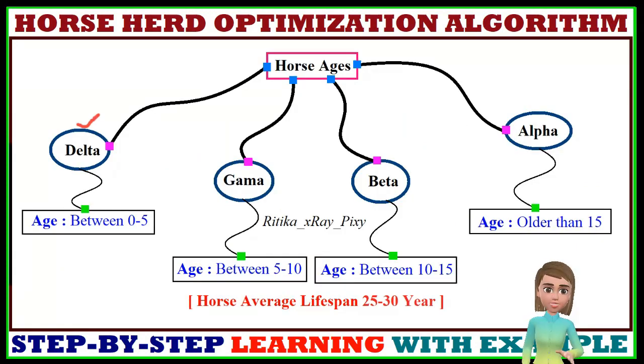In the horse herd optimization algorithm, horse ages are represented using delta, gamma, beta, and alpha. Delta represents horse ages between 0 to 5. Gamma represents horse ages between 5 to 10. Beta represents horse ages between 10 to 15, and alpha represents horse ages greater than 15.